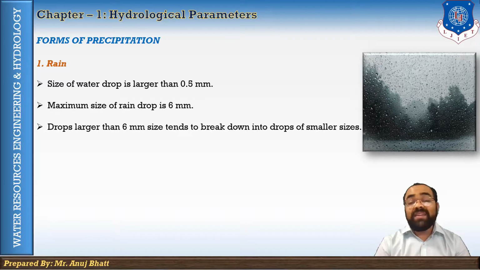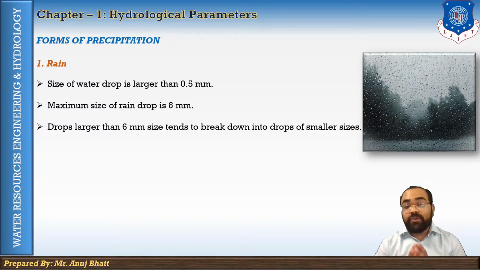Well, rain is the principal form of precipitation in India. When the size of water drops is larger than 0.5 millimeter, we can say that precipitation is rainfall.